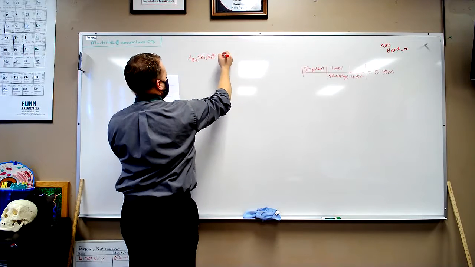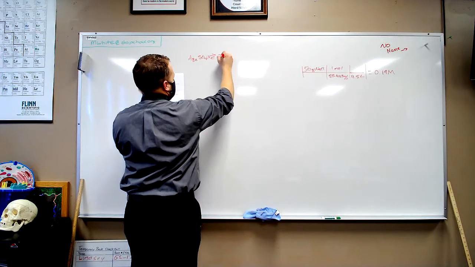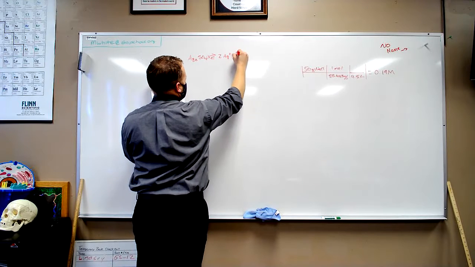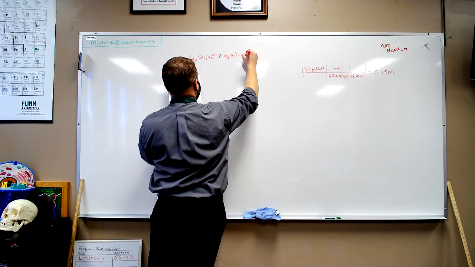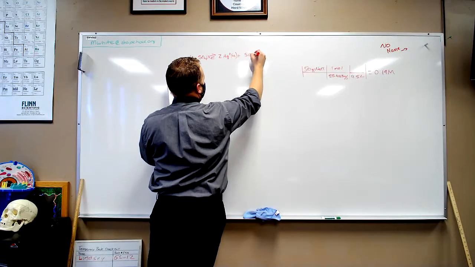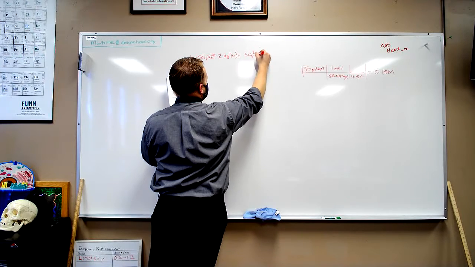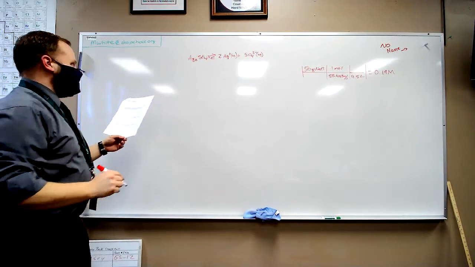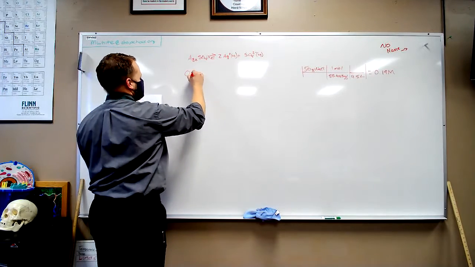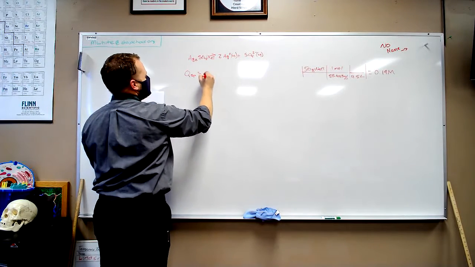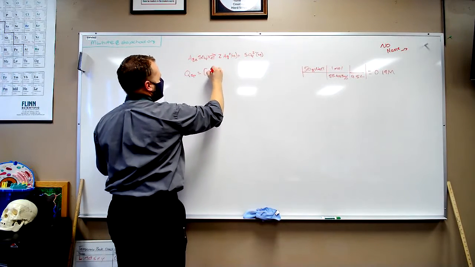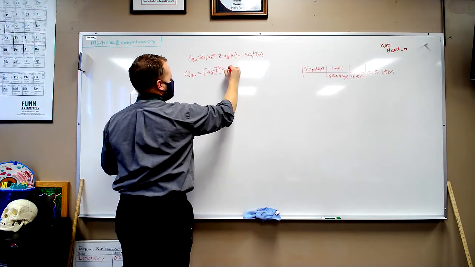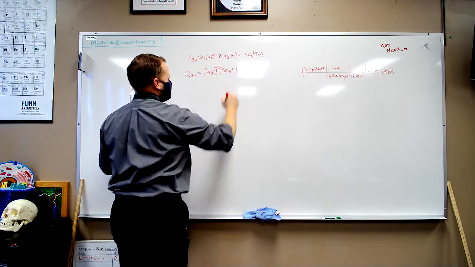Is solid because we're dissolving. We get this. So our Qsp is equal to the concentration of our silver ions squared times the concentration of our sulfate ions.